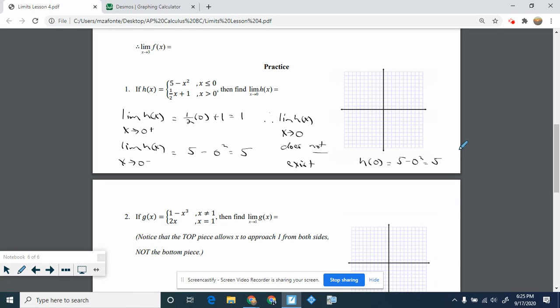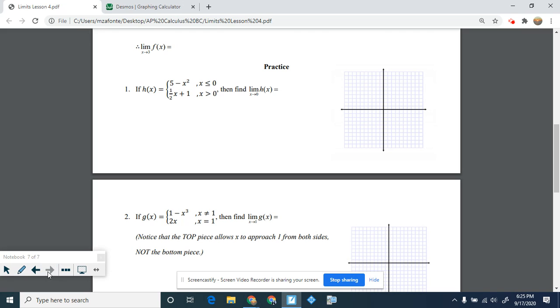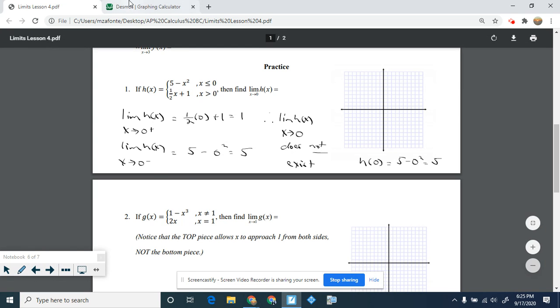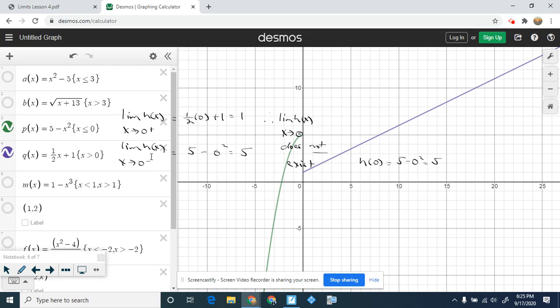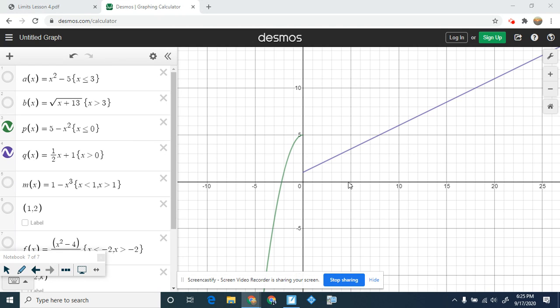Okay. All right. So again, let's take a look at the graph of this guy. Nope. You know what? Keep that up. Here we go. So close these off and go ahead and graph. There's my parabola. There's my line. I know it's a little messy, so I'll get rid of that for a second. So as I go to 0 from the right, what's going on?